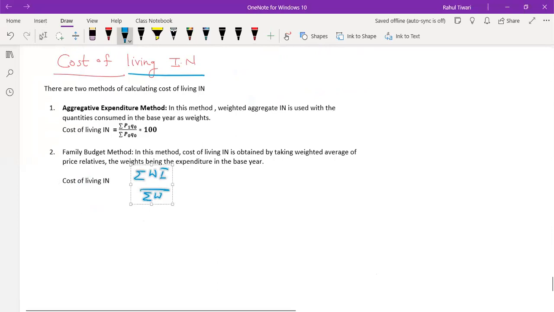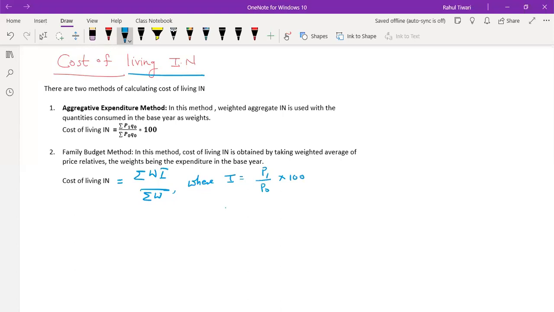Where I is equal to P1 upon P0 multiplied with 100. This is the formula which again we use for the weighted index number.